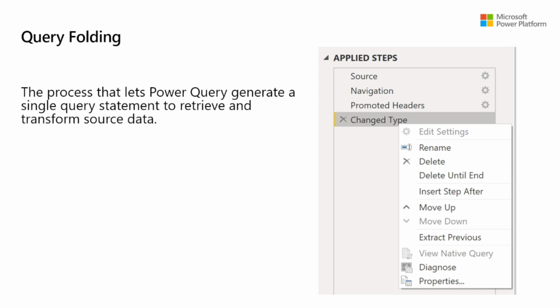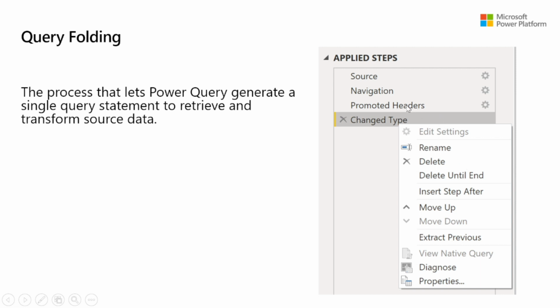Query folding is nothing but the steps we have done. Let's say we are here, right? You right click here, you come here, and you say View Native Query. This is not highlighted at this present moment, which means query folding is not taking place.